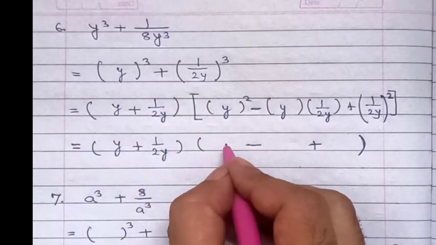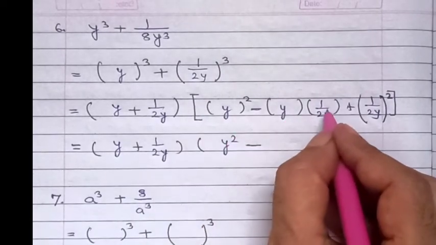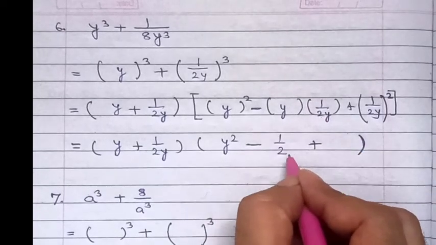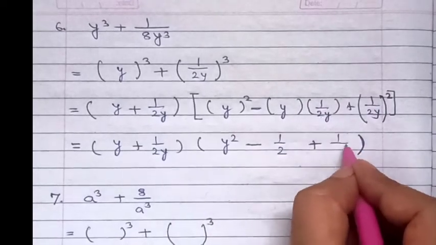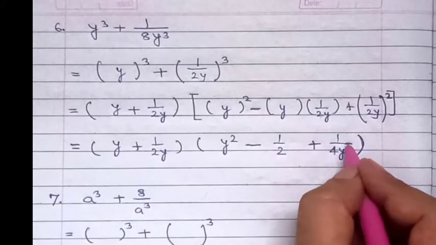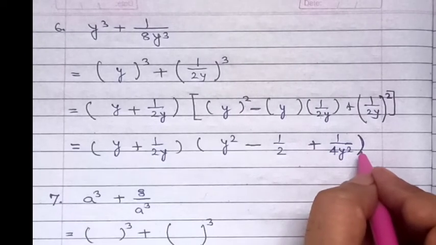Y square is y square. This y gets cancelled with 1 upon y, and you get only 1 upon 2, so minus 1 upon 2 plus 1 upon 4y square. Write clearly 1 upon 4y square is your sixth answer.